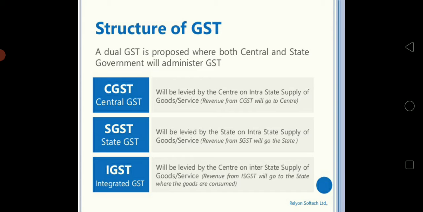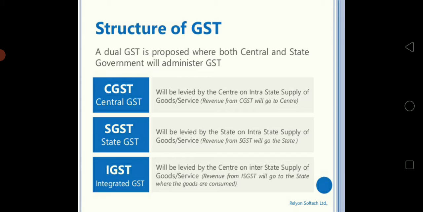When you observe the structure of GST, CGST, SGST, IGST. Come to the CGST. The full form of CGST is Central Goods and Service Tax, which will be levied by the central government on the intra-state transaction, that is, a transaction in which supply is from one place in a state to another place in the same state.